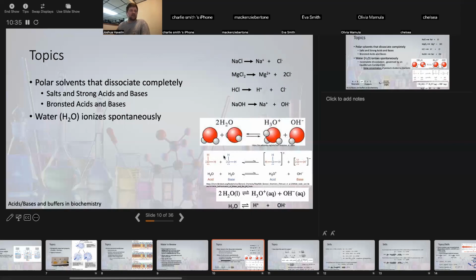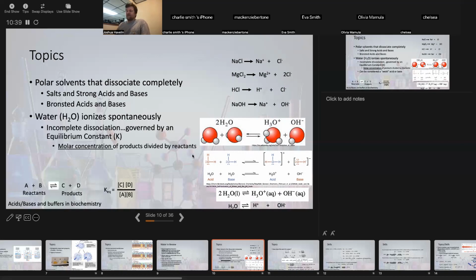So water undergoes incomplete dissociation. It can function as an acid or base as well as a conjugate acid and a conjugate base. This happens spontaneously and it happens to a very, very low extent.